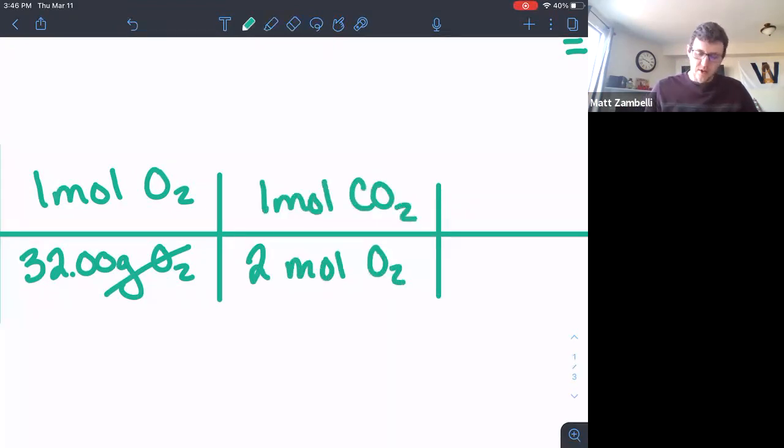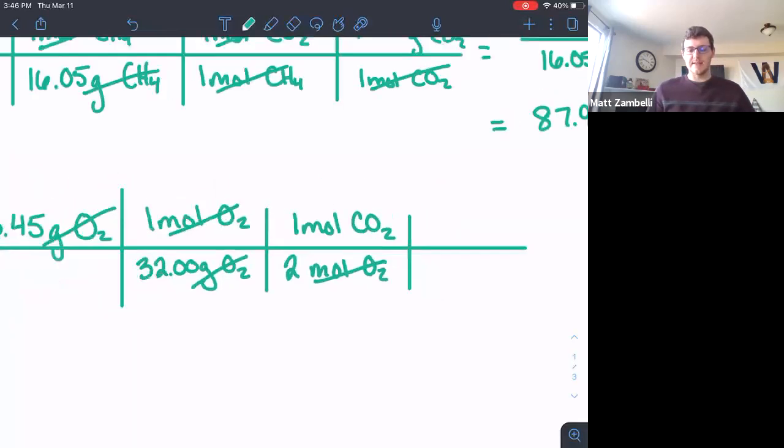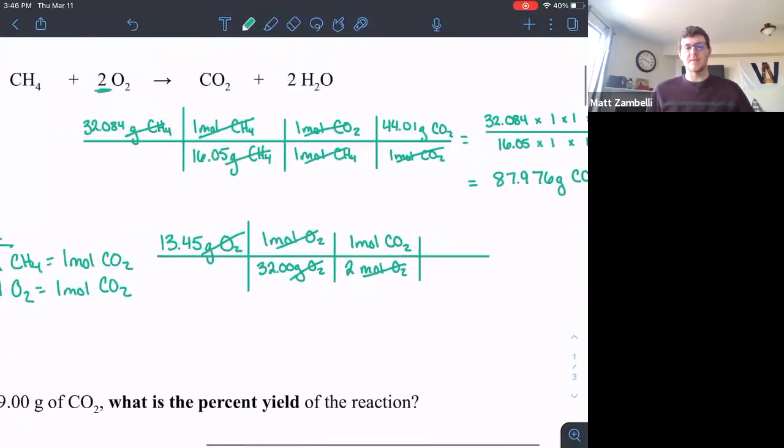And that means the 1 mole of CO2 goes on top. So our moles of oxygen are canceling. And last but not least, what's my last step? We use the molar mass of CO2.